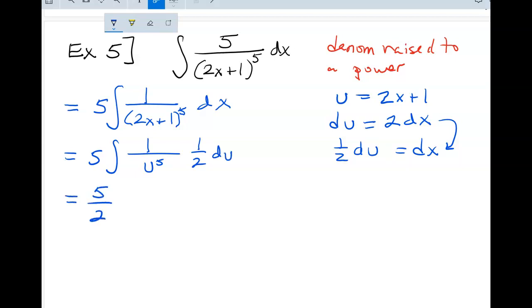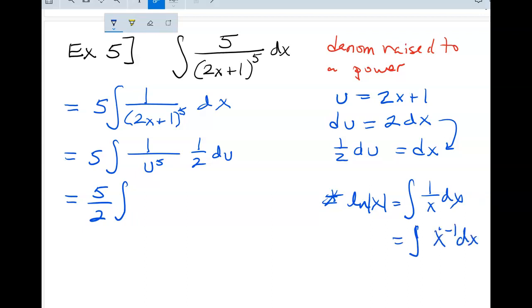Let's bring all of our constants to the outside, and at the same time, let's recognize that this is not going to be a natural log, because the natural log is the result of the antiderivative of 1 over x, which is the same as the antiderivative of x to the negative 1. This is actually u to the negative 5th power.